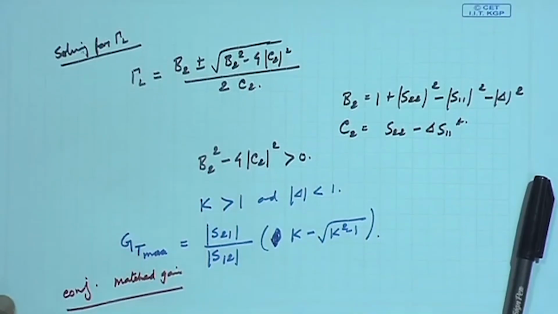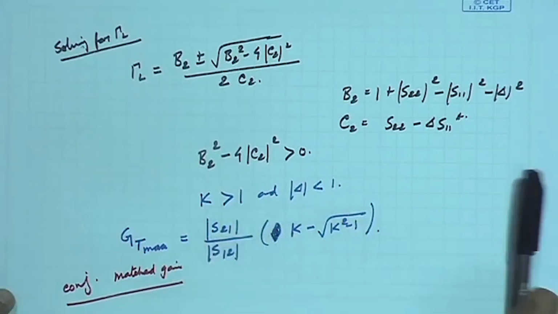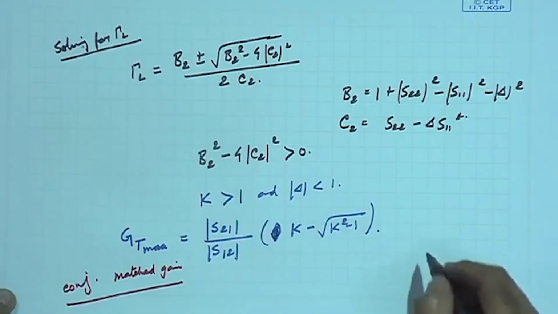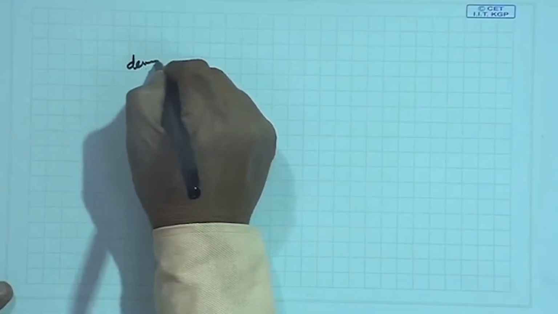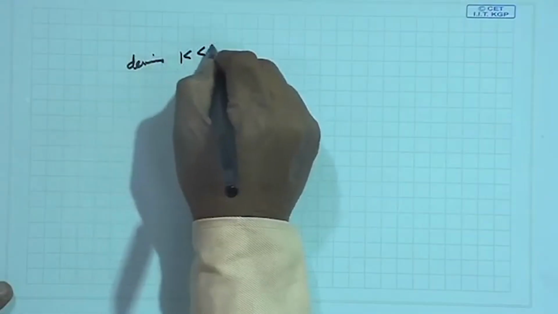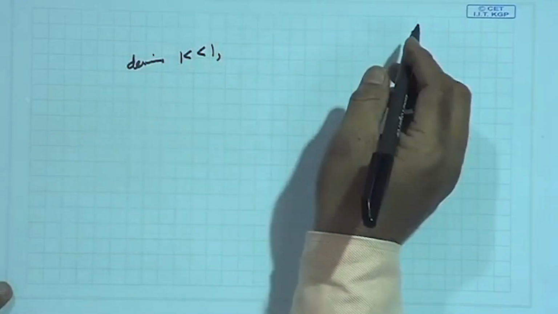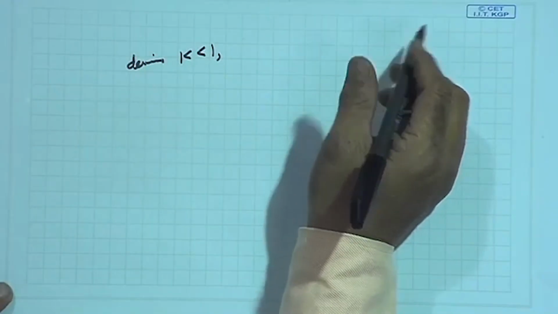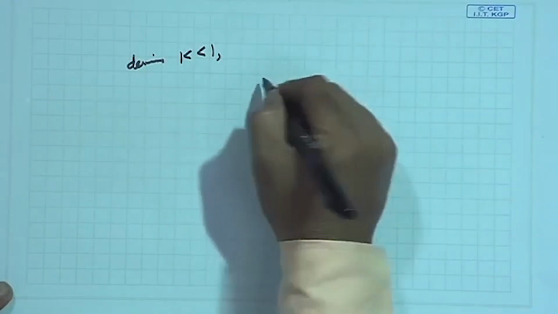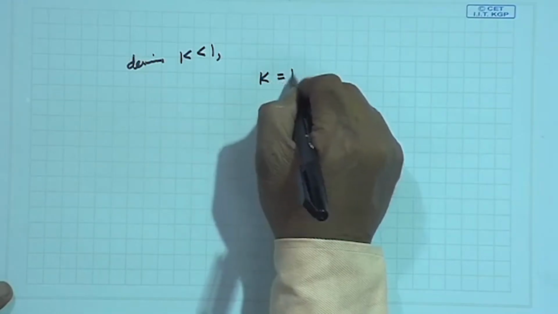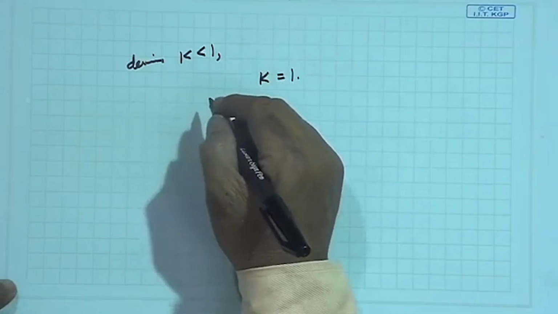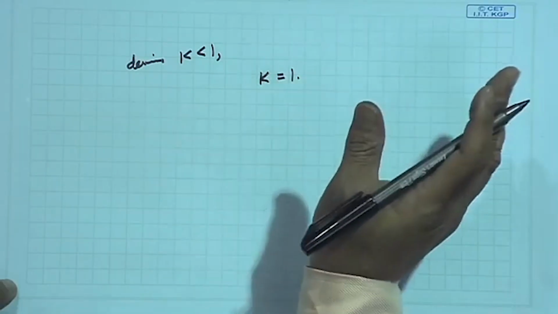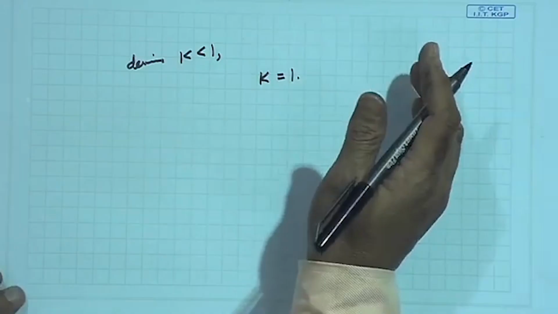Now, if we have devices for which K is less than 1, then conjugate matching is not possible. But what we can do is enforce K equal to 1, which gives the maximum possible transducer gain.